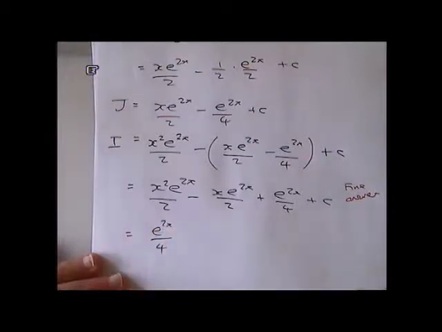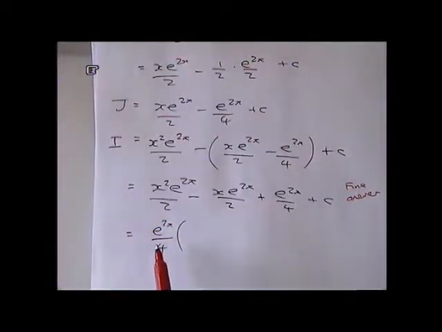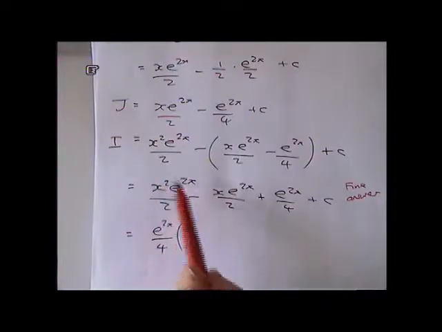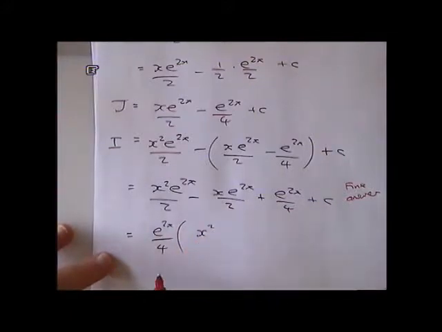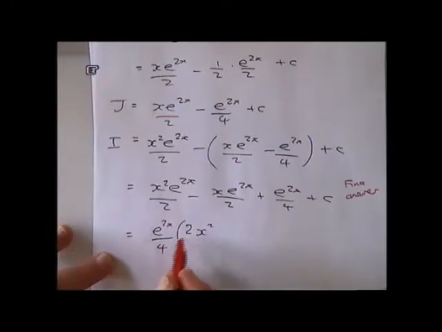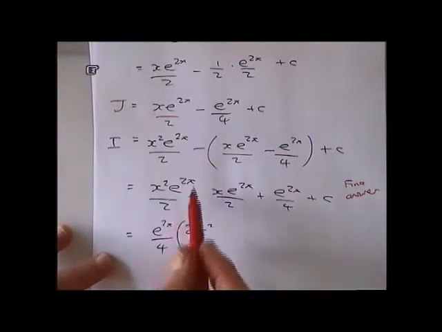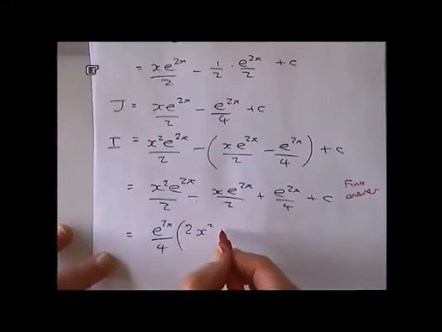Yes. Okay, take that out as a factor. Okay, what do I times this by to get this first term here? In other words, what's missing here compared with here? Well, certainly an x squared. Now I want a half, so I need to put a 2 there, because 2 over 4 is the same as a half. So that's that bit dealt with. That minus sign goes in.